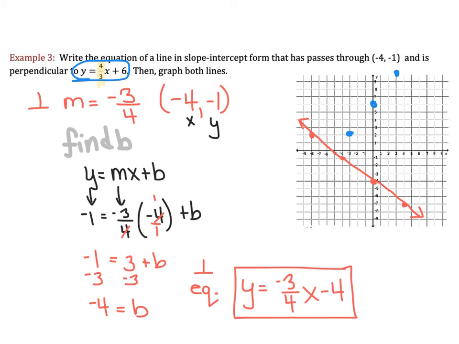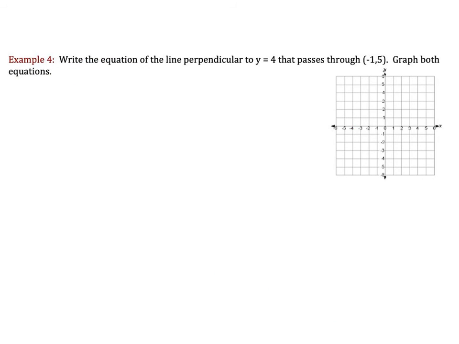And I'm going to do it again, down 1, 2, 3, 4, left 3. And I think I can do this one more time. 1, 2, 3, 4, and left 3. Okay, so I will then graph, and you can see that I do indeed have a perpendicular relationship formed.